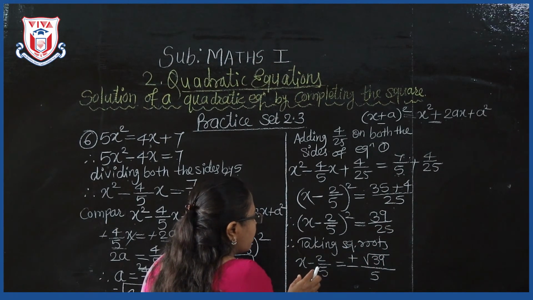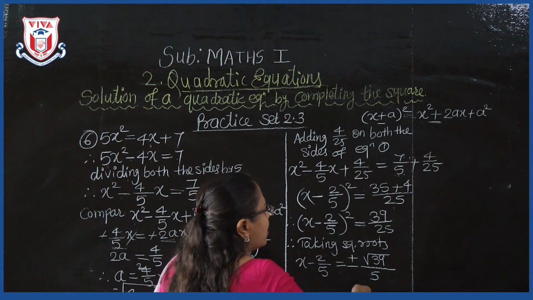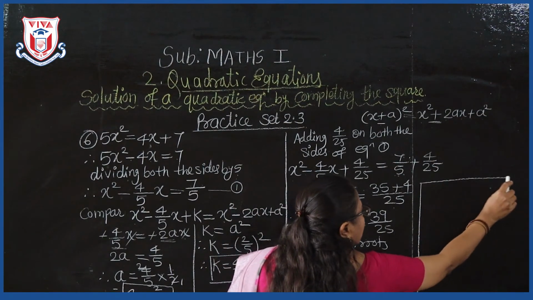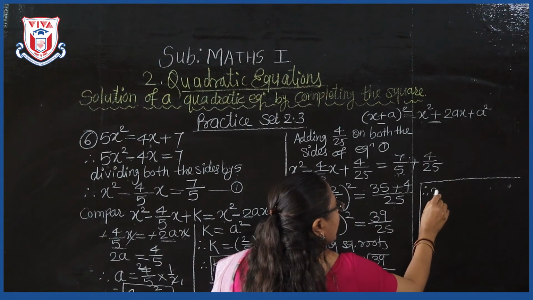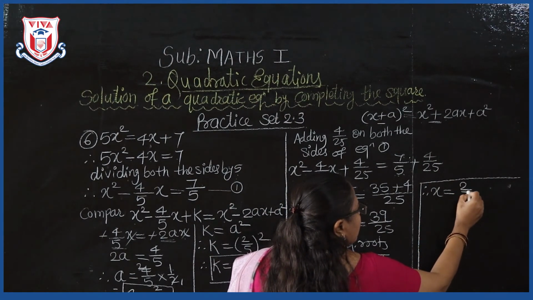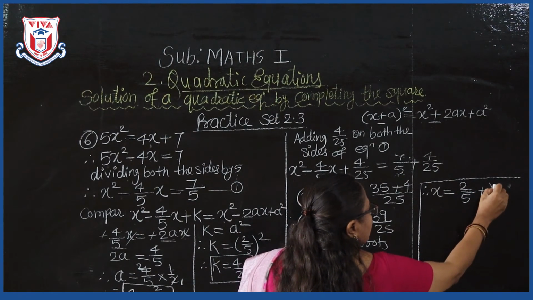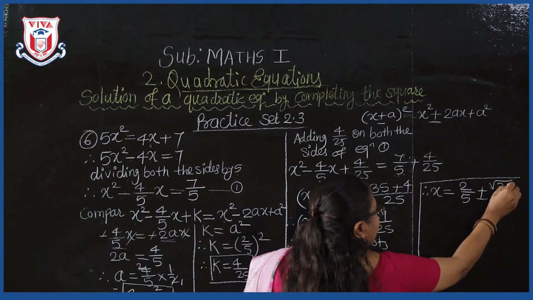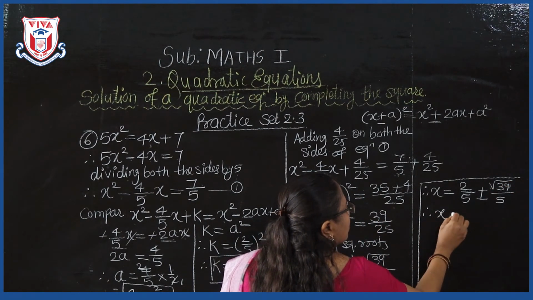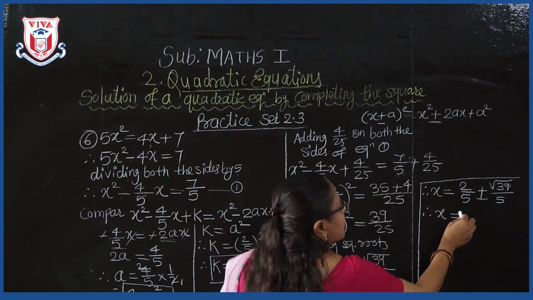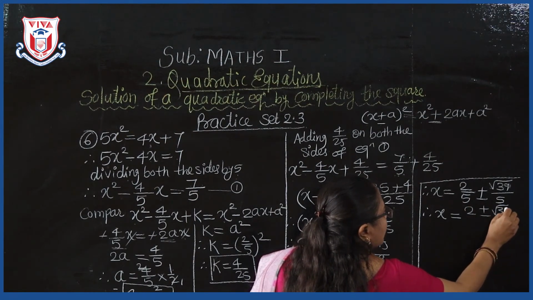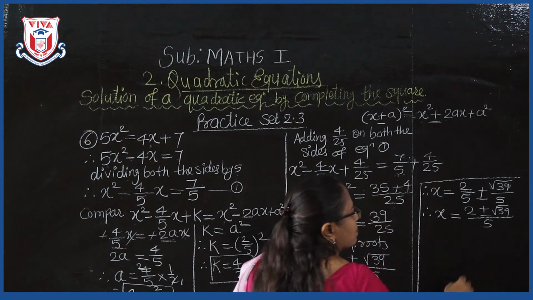Now we will take this minus 2 upon 5 on the right hand side. Therefore, x is equal to 2 upon 5 plus minus root 39 upon 5. So x is equal to 2 plus minus root 39 upon 5.